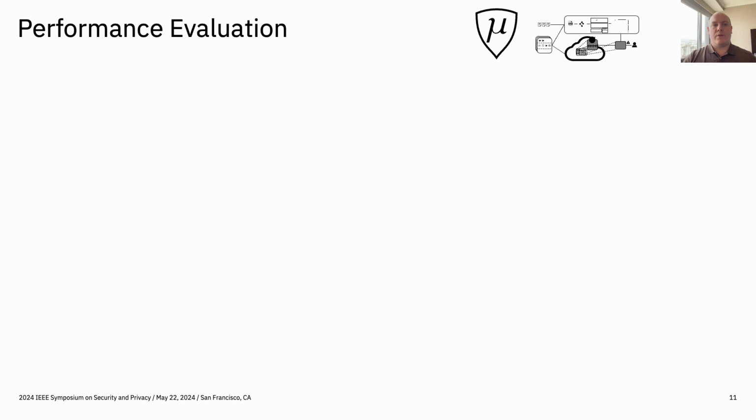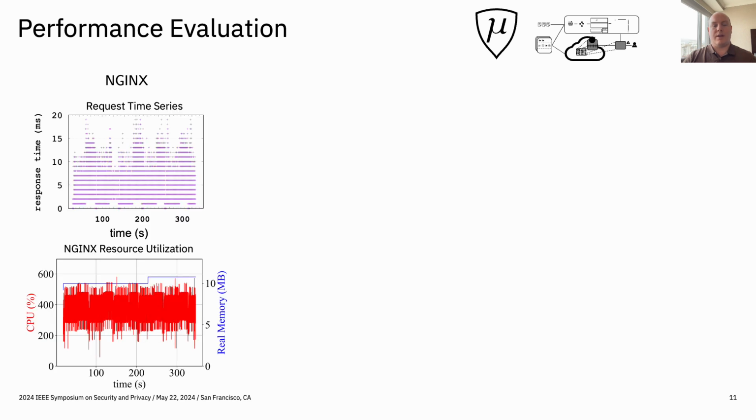Now, we also showed during a performance evaluation that monitoring effect graphs can be done efficiently without inhibiting the normal operation of a particular microservice.